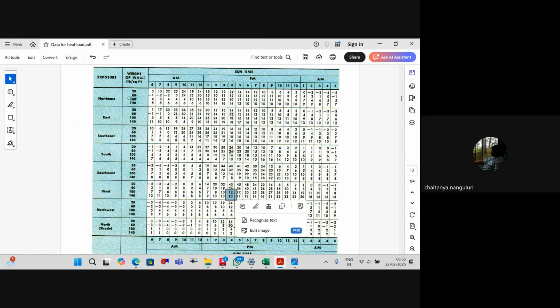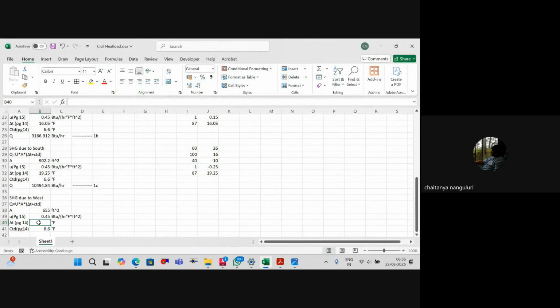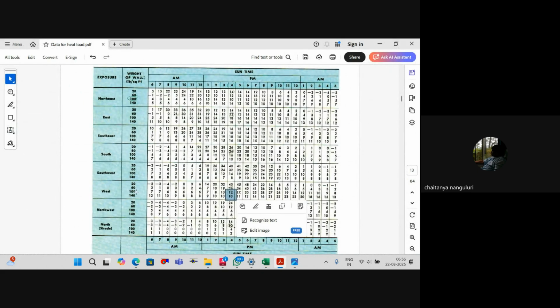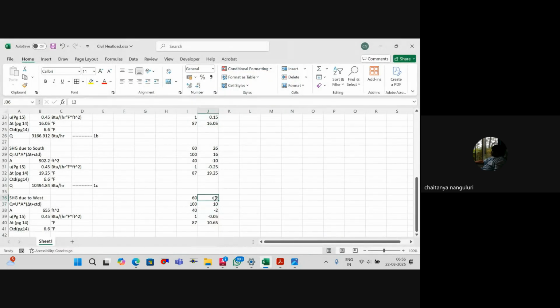So we'll take the values 12 and 10. This value is 12 and this value is 10, right? Okay, sorry, 26 and 12. My mistake. 26 and this guy is 12. So automatically we'll get to know the value is 16.55. You agree?